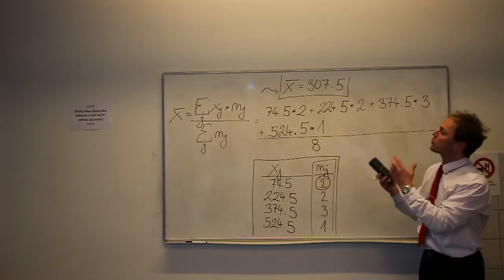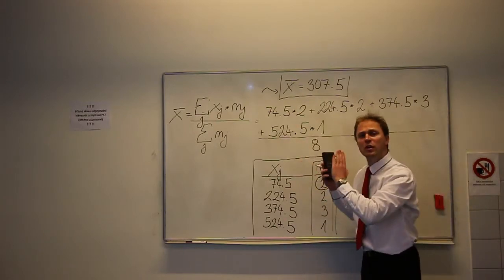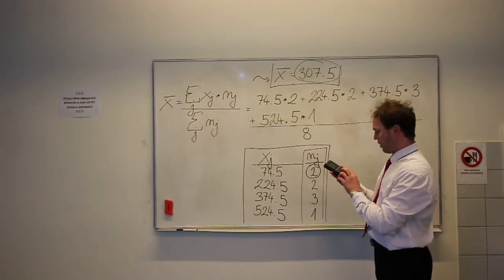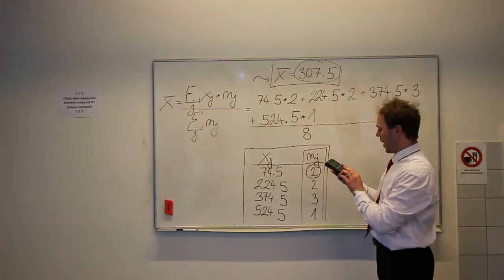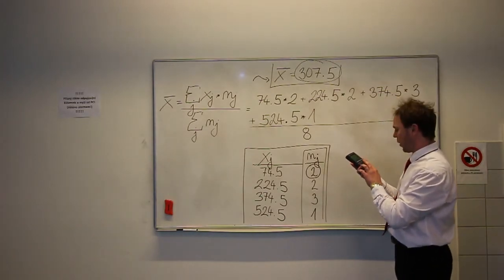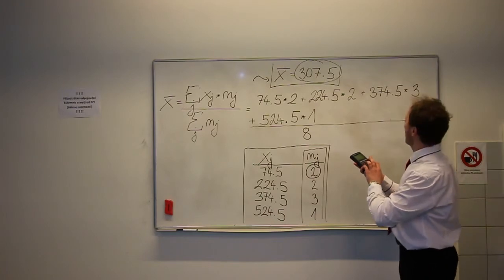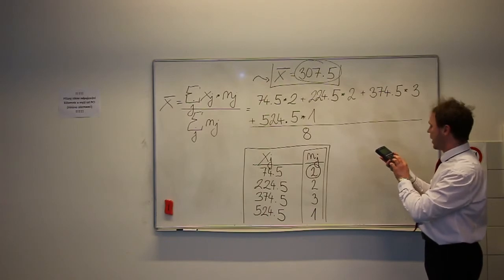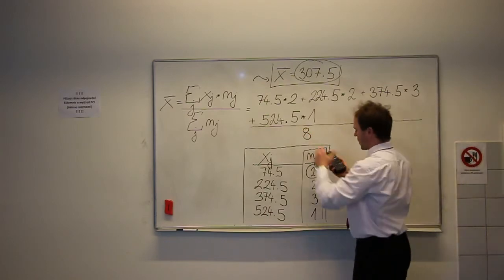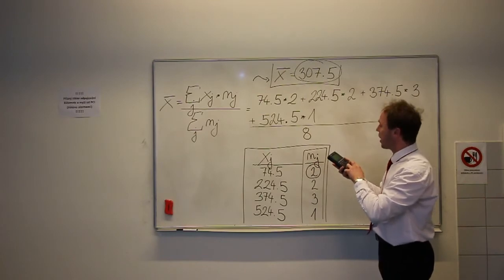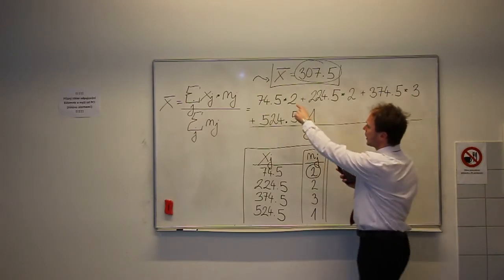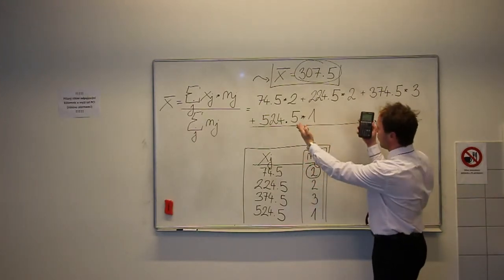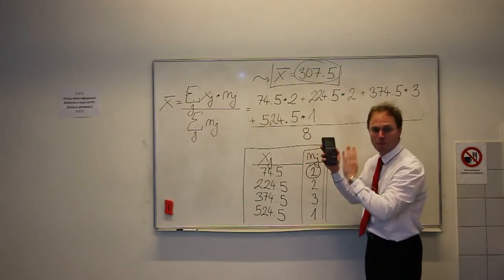Please give me a few seconds, I will calculate the nominator. 74.5 times 2 plus 224.5 times 2 plus 374.5 times 3 and finally plus 524.5 times 1. Multiplication has bigger priority than summation, so you can write this directly on the display of your calculator and press the enter button, yes?